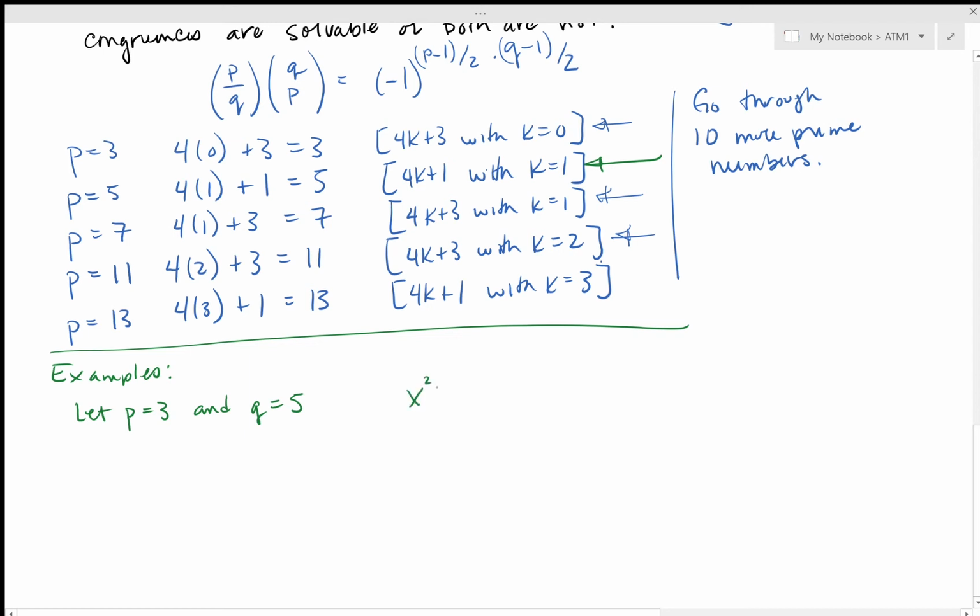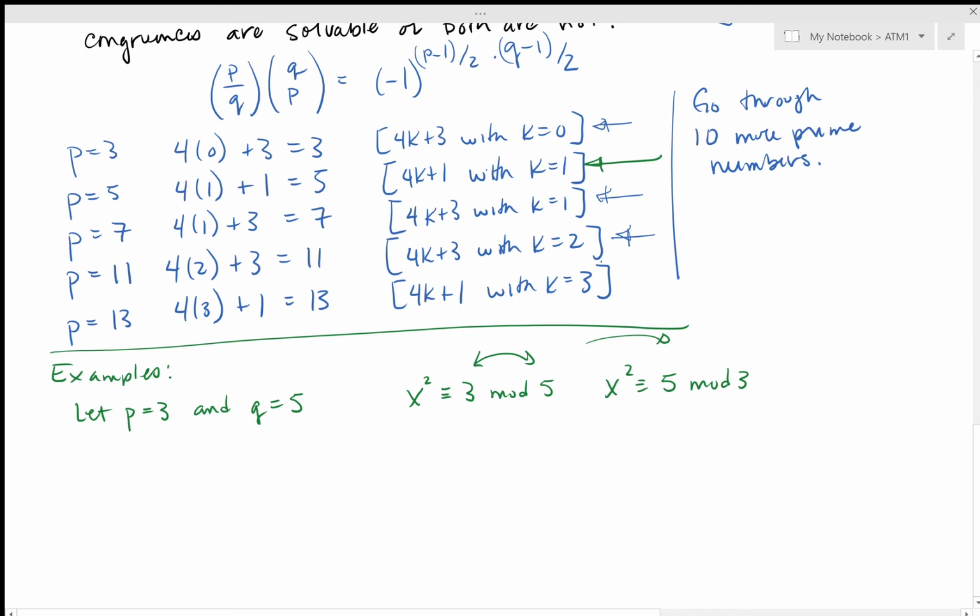X squared is congruent to 3 mod 5, and we are thinking of the second congruence, x squared congruent to 5 mod 3. So you see what's happening here. The P and the Q are reversed. They're sort of reciprocals, if you would. It's not really true, but you've reversed these two things in order to get this one over here. Okay, these two congruences are related in that manner.